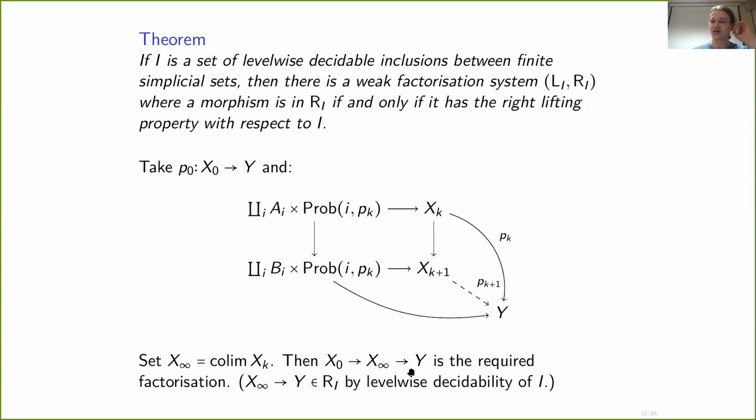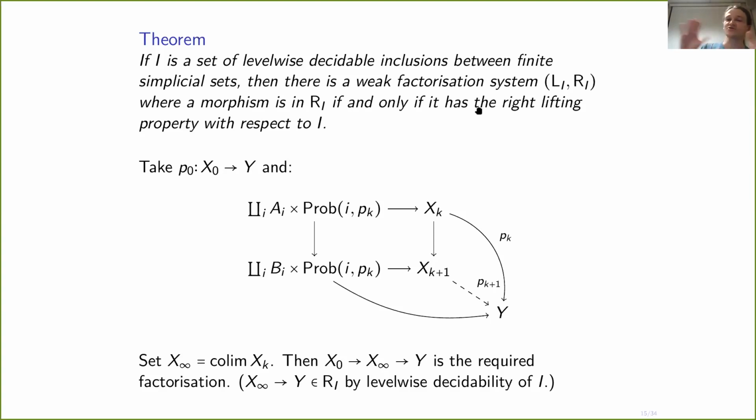It happens for decidable ones, and it turns out that the assumption that the maps in I that I started with are level-wise decidable is enough to conclude this. So we have to be a little bit more careful, but at least for the kinds of factorization system that we are trying to produce, a small adjustment of the small object argument works.